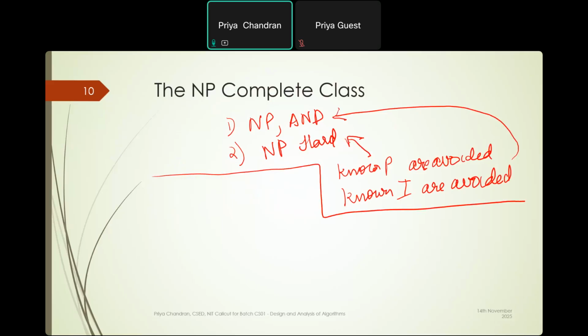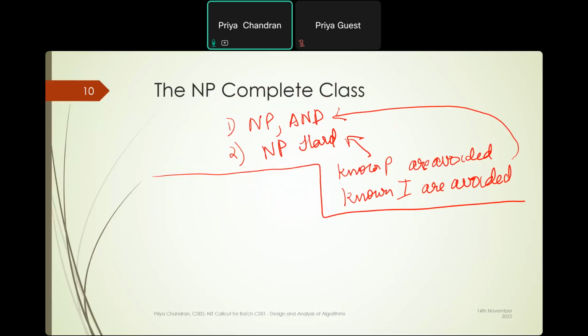So the NP completeness class is a very useful and very important concept, because it helps us to club all the similar problems together. Those that avoid being proved I as well as being proved P. Those that have eluded such a proof, they all fit together into this class.